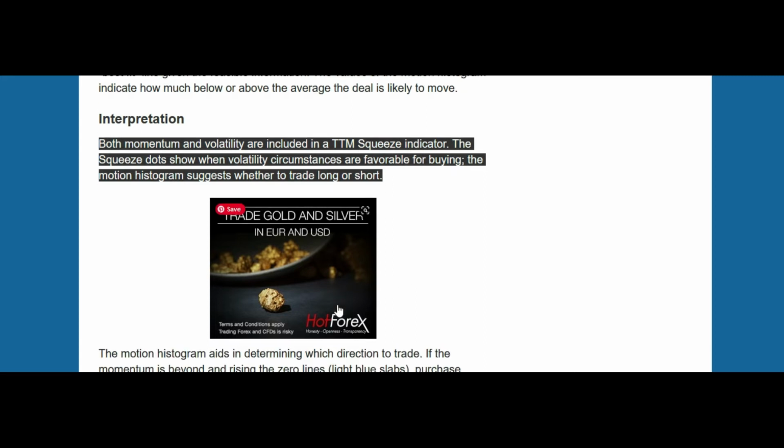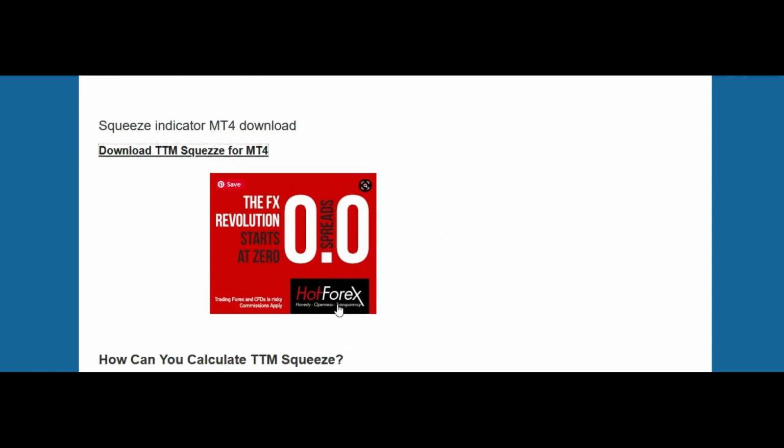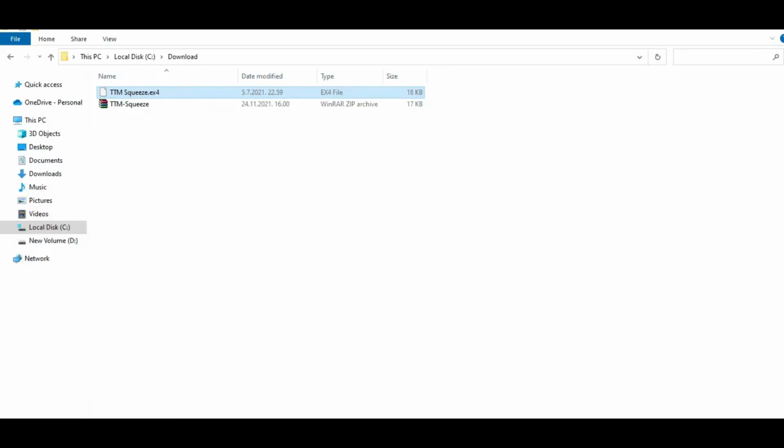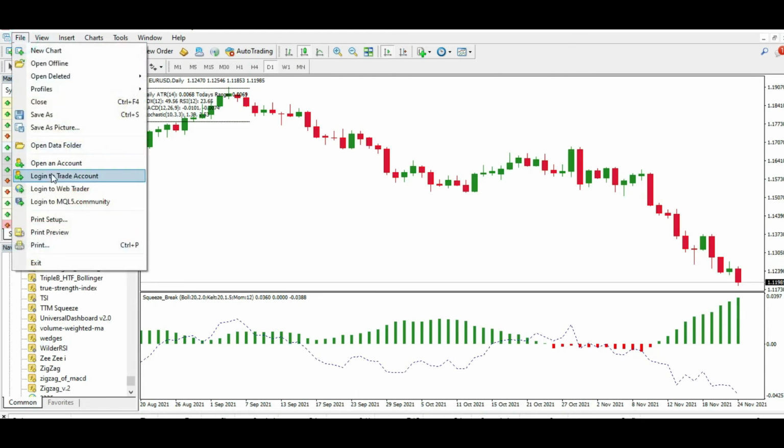Now the most important thing, let us download this indicator like this. When you download, we can unpack it, copy it and put it in the directory.